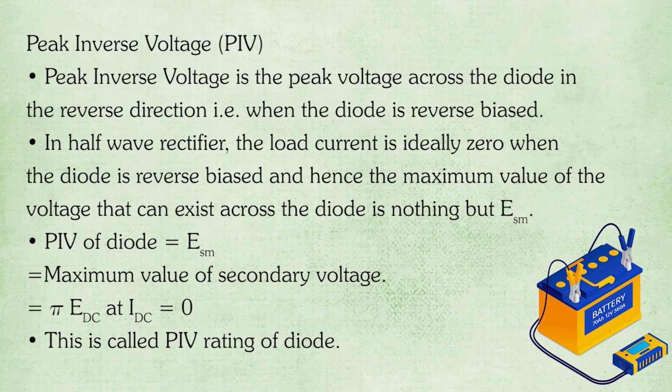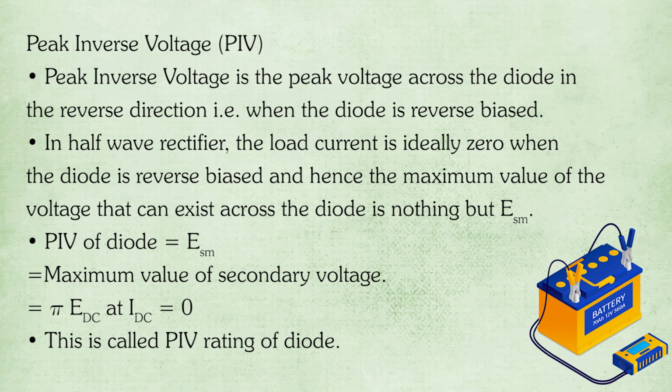diode is reverse biased. So, in a half wave rectifier, the load current is ideally 0 when the diode is reverse biased, and hence the maximum value of the voltage that can exist across the diode is nothing but Esm, which means the voltage occurring at the secondary of the transformer, which is across the diode in the reverse bias condition.